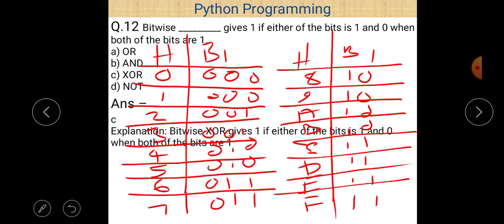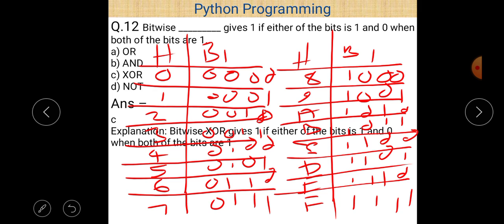No: 0 0 1 1 0 0 1 1, 0 0 1 1 0 0 1 1. And at last 0 1 in an alternating way, 0 1, 0 1, 0 1, 0 1, 0 1, 0 1, 0 1. So that is the truth table of hexadecimal to binary.